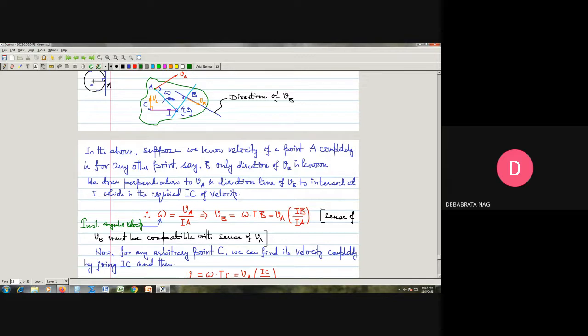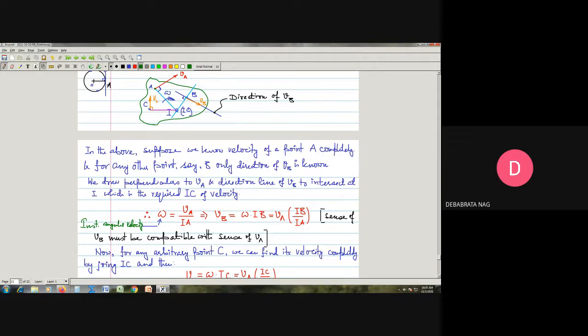And what will be the sense? The sense will be commensurate with the sense of the rotation of this body. See, this is the sense of VA, this is your IA. So naturally omega will be in this clockwise sense, the sense of the instantaneous angular velocity of this body.